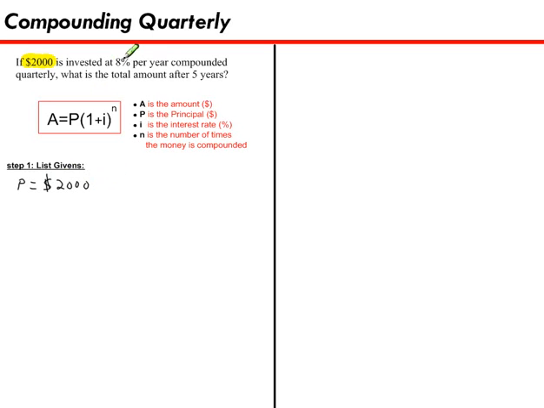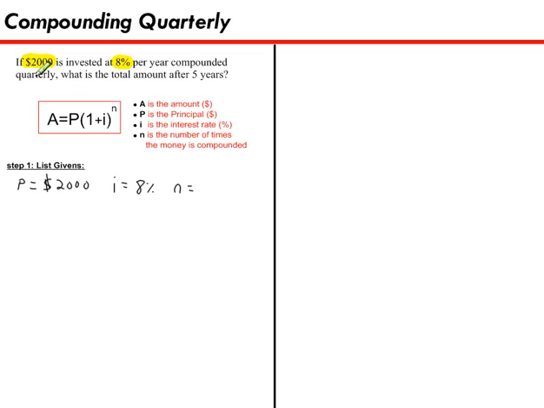The next number I see is a rate. It's got a percent, and it's 8%. So that's going to be our I. I is equal to 8%. Now keep your eye on that percent because in the next step we'll have to convert this before we can use it. And finally, we need a value for N, the number of times the money is compounded.